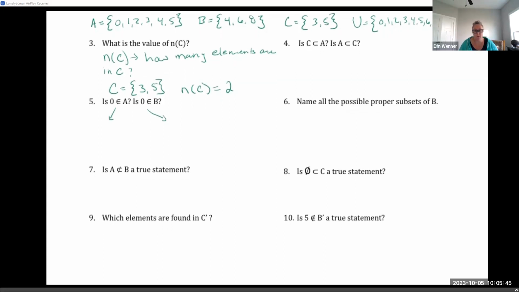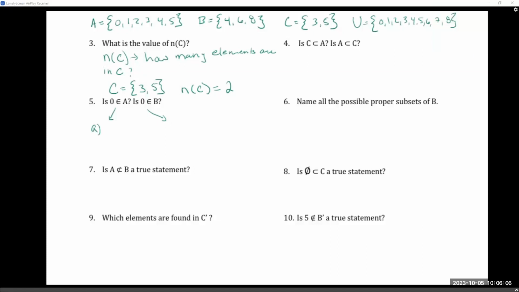Can you guys see them, or are they squished off for you? Yeah, we can see them. Okay, so I want you to tell me, is 0 an element of A? And then is 0 an element of B? So we've got two questions here, question A and question B.